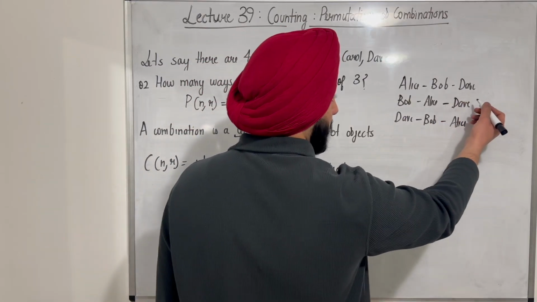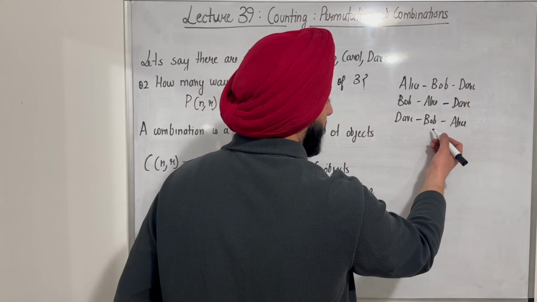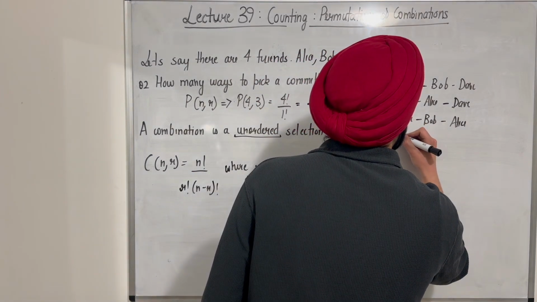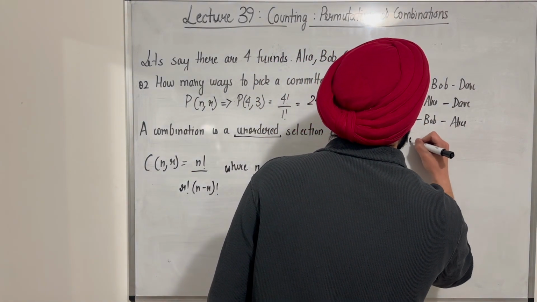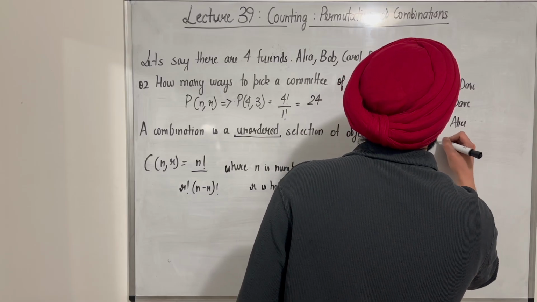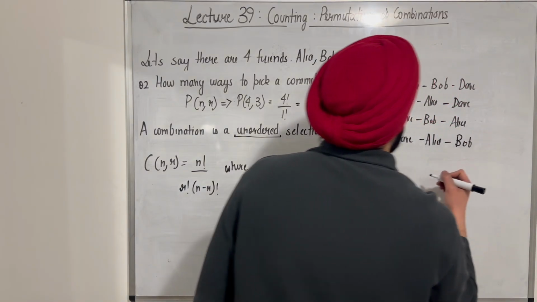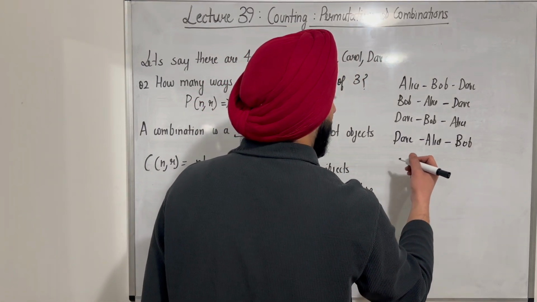So Alice, Bob, Dave is 1, Bob, Alice, Dave is 2, Dave, Bob, Alice is 3. We can have Dave, Alice, Bob, and you can have Alice, Dave, Bob.